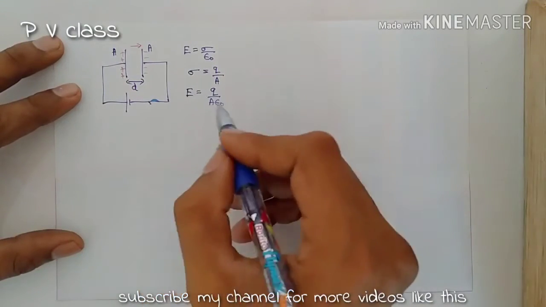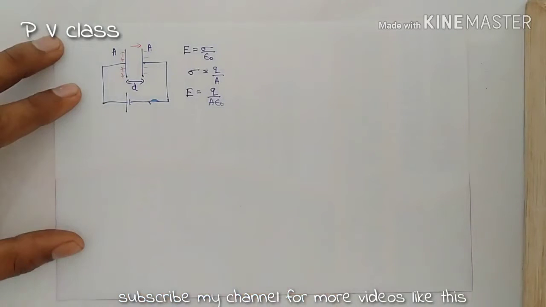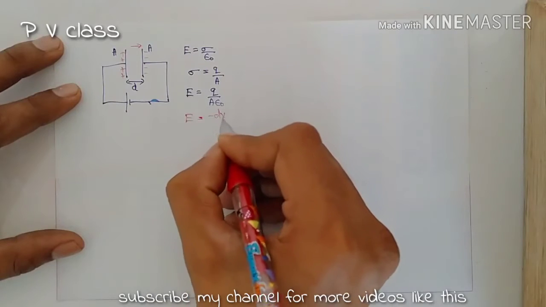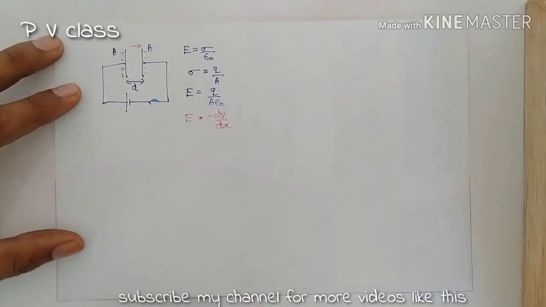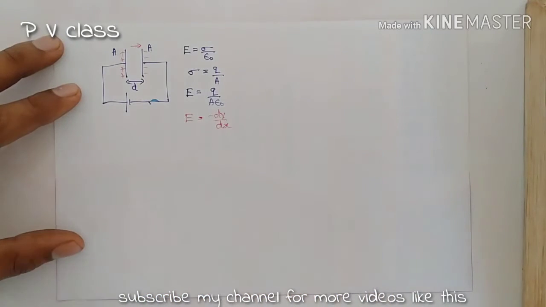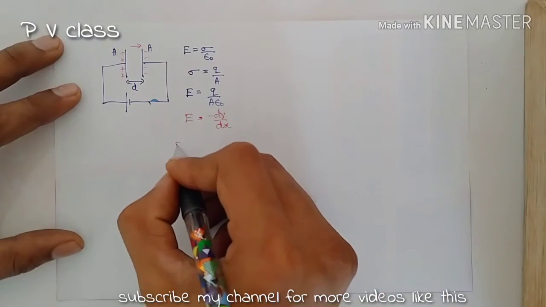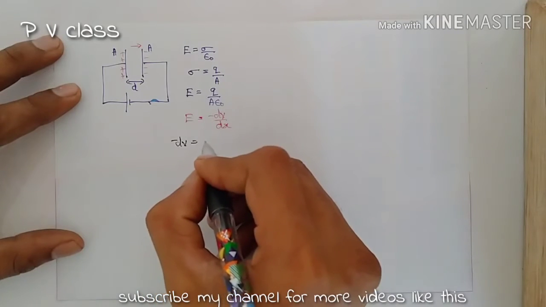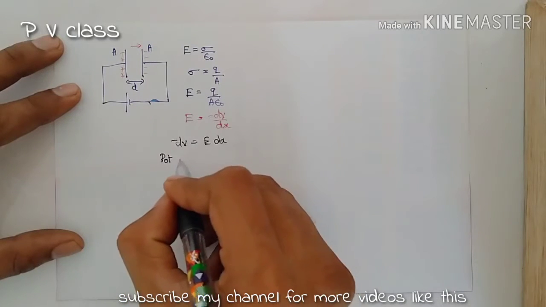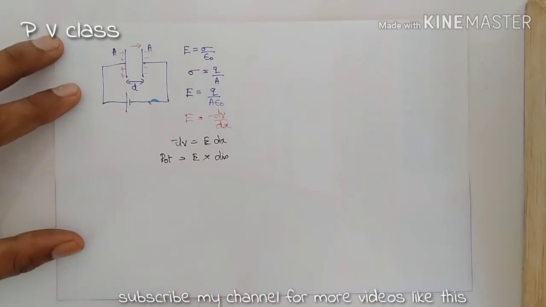We have learned a relation that electric field intensity is the negative gradient of potential. E is equal to minus dV by dx, or we could write dV equals minus E dx, so potential is equal to electric field intensity into distance of separation.